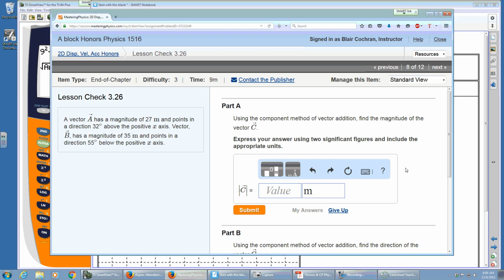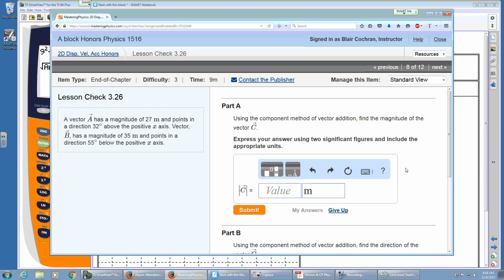All right, 3.26. So vector A has a magnitude of 27 meters and points in the direction of 32 degrees above the positive x-axis. Vector B has a magnitude of 35 meters and points in a direction 55 degrees below the positive x-axis.